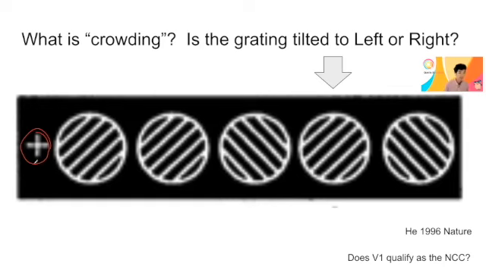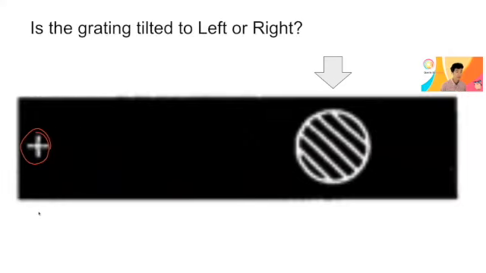But if you are fixating here, then you may not be able to see it at all. Keep on fixating here. If I go to the next one, it's probably clear that this one is tilted to the left.